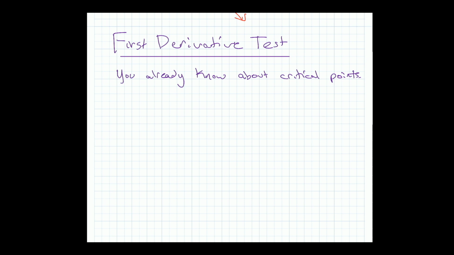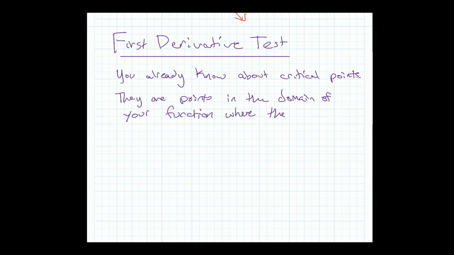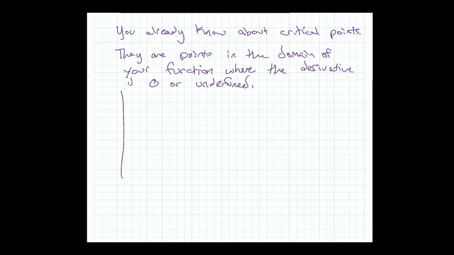They are points on your graph, in the domain of your function, I should say. Points in the domain of your function where the derivative is 0 or undefined. So we've seen those.